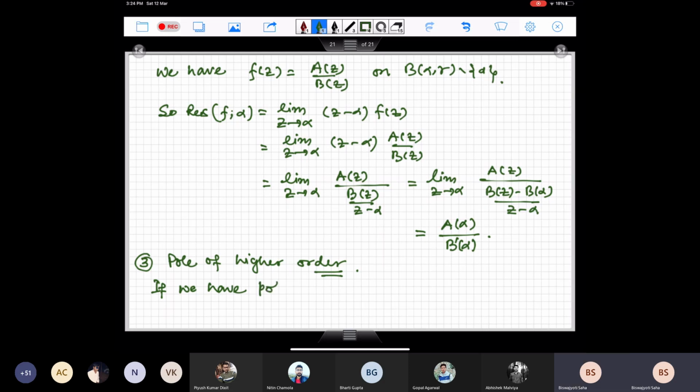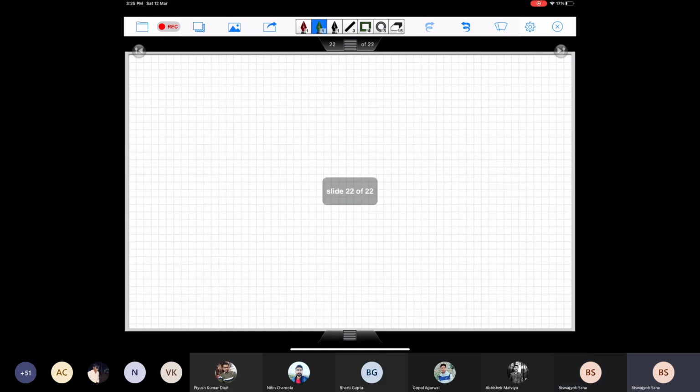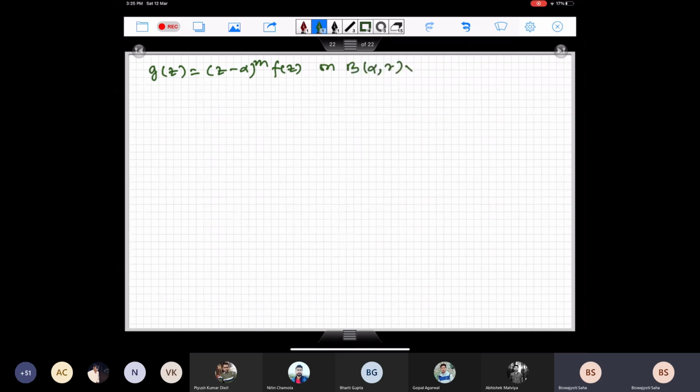If we have a pole at alpha of order m, then the residue of f at alpha is going to be 1 by (m minus 1) factorial, limit z tends to alpha, of the (m minus 1)th derivative of this function g(z), where g(z) is equal to (z minus alpha) power m times f(z), on a punctured disc around alpha.